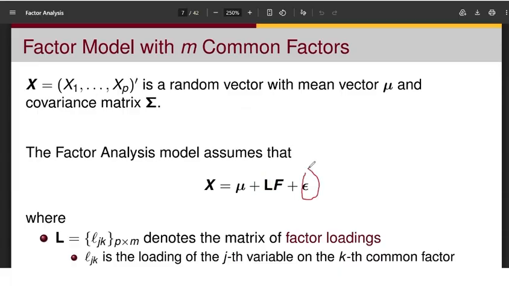The error here is any variation that cannot be explained by the factors. That very error is what we call specific variance. Maybe a particular student may have more calculus ability, not just mathematical ability in general, but something specific to the subject. That is what it means.